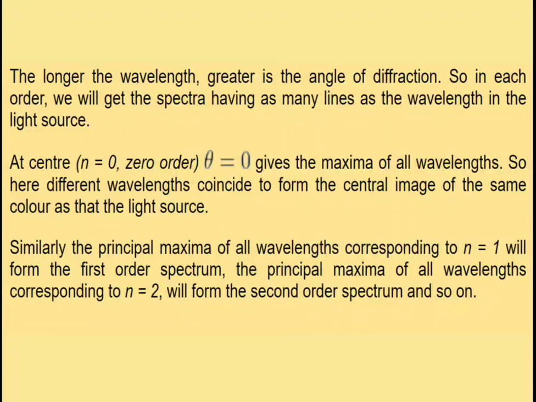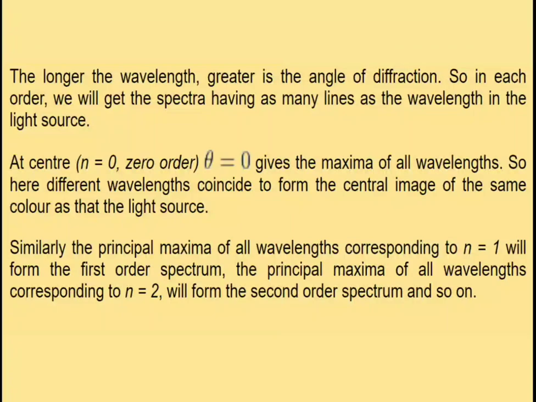So in each order, we will get a spectrum having as many lines as the wavelengths in the light source. At the center, that is at theta equal to 0, it gives maxima of all wavelengths. That means the light after diffraction also travels in the same direction. In that case, the theta value is 0.